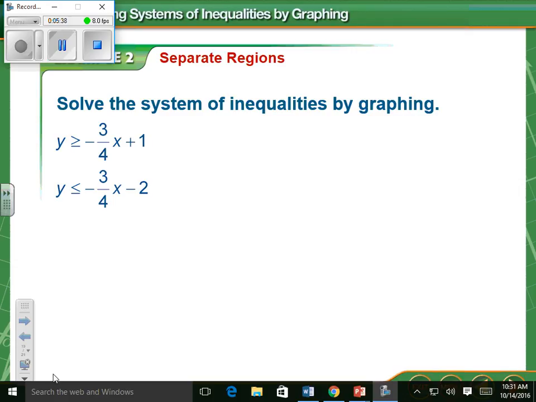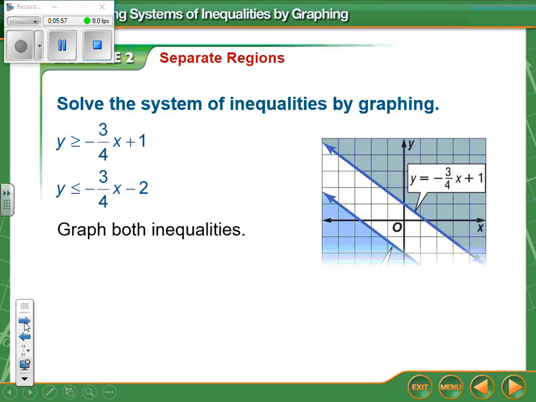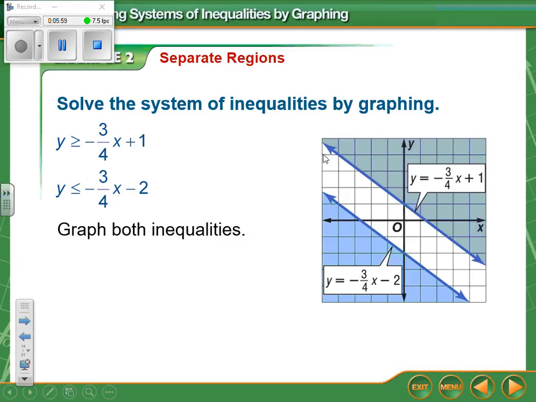Okay, so if you recognize that these two graphs have the same slope, the borders of the shaded area are going to be very similar. So if we look at the graphs, we have negative 3x plus 1, and we need to shade above because it's a greater than.